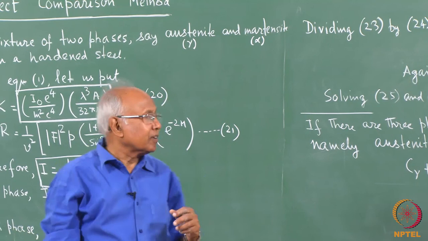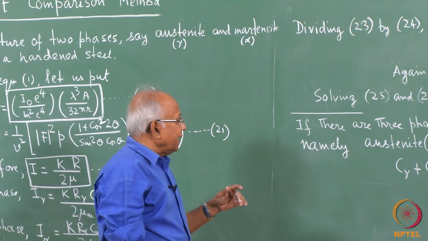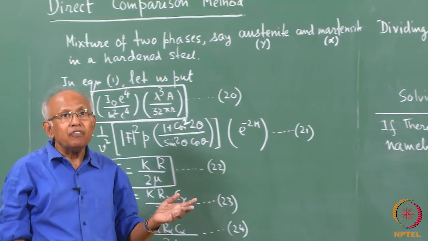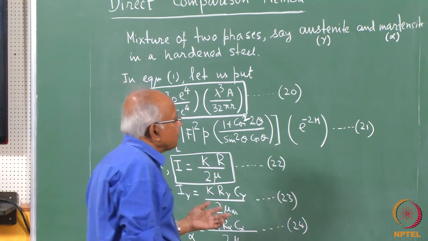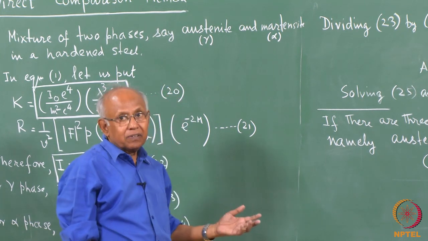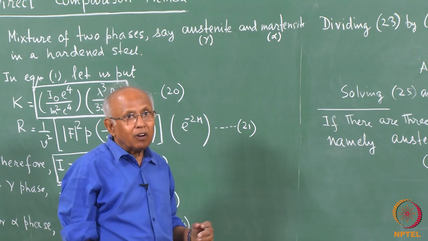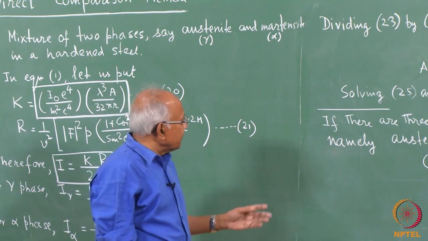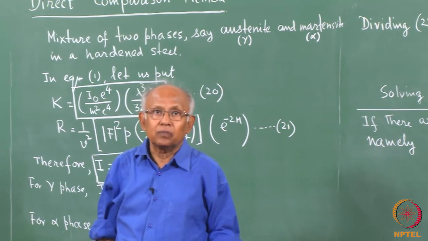The direct comparison method is unique in the sense it neither needs the availability of any of the phases in a pure form, nor is it necessary to mix a standard material with the phase mixture in order to determine the volume fractions of the individual phases in the mixture. So, in that way it has an advantage over the previous two methods.